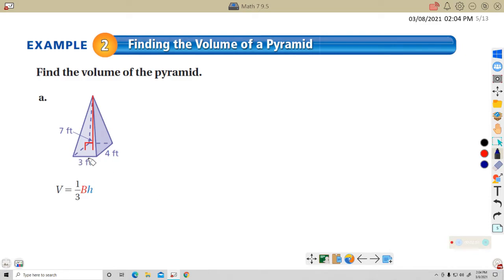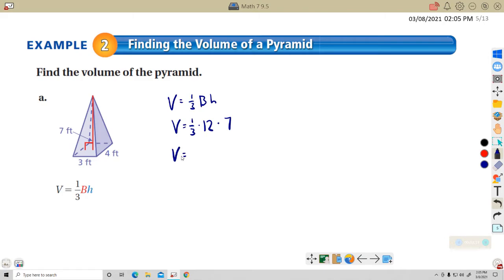Okay, so what's our area of our base here? Our area of our base is 3 times 4. So let me just write this out. Volume equals 1/3 base times height. Now the base, 3 times 4, is 12. And the height is 7.